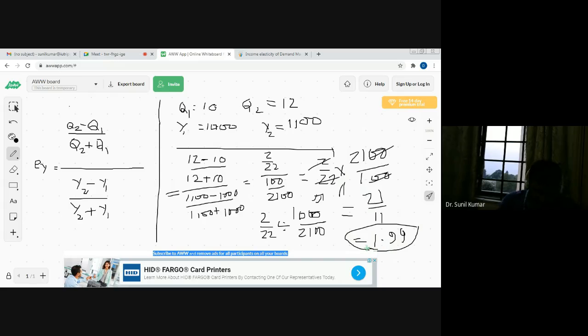So now write down: thus, the demand for sugar is quite income elastic.